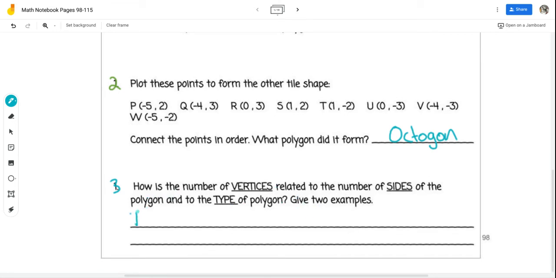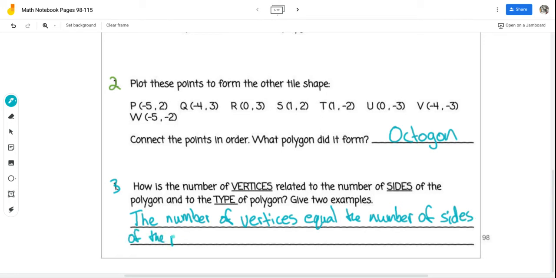Well, we could say the number of vertices equal the number of sides of the polygon. Well, any polygon, really.